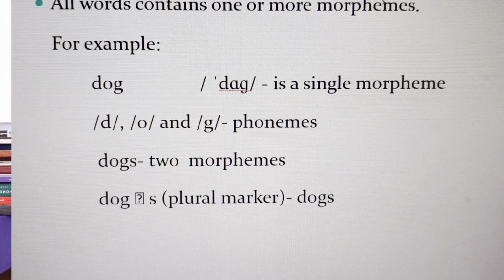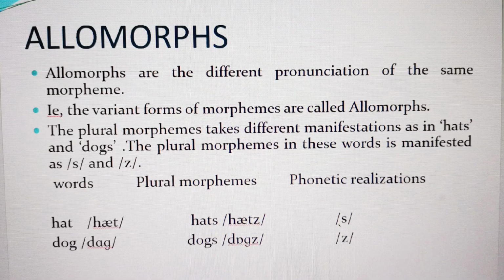So we can say that s is a grammatical category or grammatical marker, a plural marker. So there are two morphemes, dog and s. Likewise, we can analyze a lot of examples.